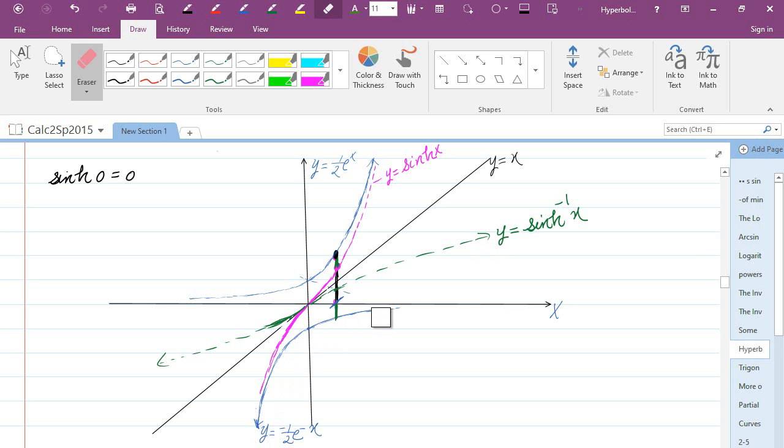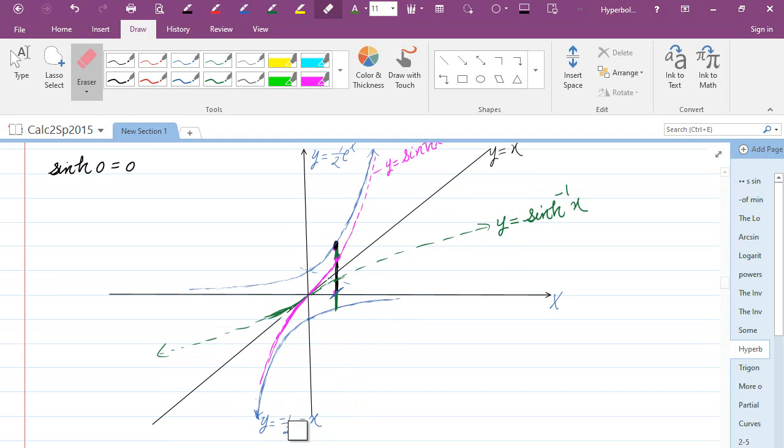The blue curves here: one of them is the graph of half e to the x, and the other one is the graph of negative half e to the negative x. So notice that the graph of the hyperbolic sine of x, which is the pink one, as x goes to infinity, gets closer and closer to the exponential half e to the x, and when x goes to negative infinity, the graph of hyperbolic sine gets closer and closer to the exponential function negative half e to the negative x.